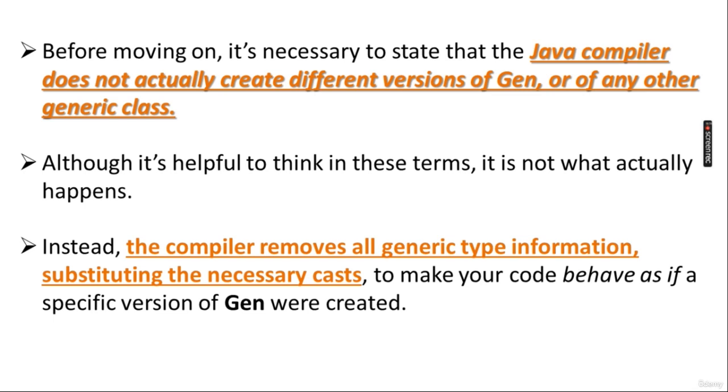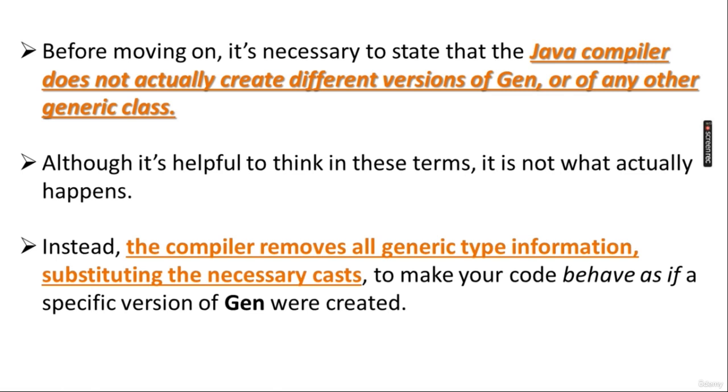Although it is helpful to think in these terms, it is not what actually happens. Instead, the compiler removes all generic type information, substituting the necessary cast to make your code behave as if a specific version of Gen were created. Whenever you are creating an object, the T will be simply replaced by the type of object you are creating at the time of public static void main.